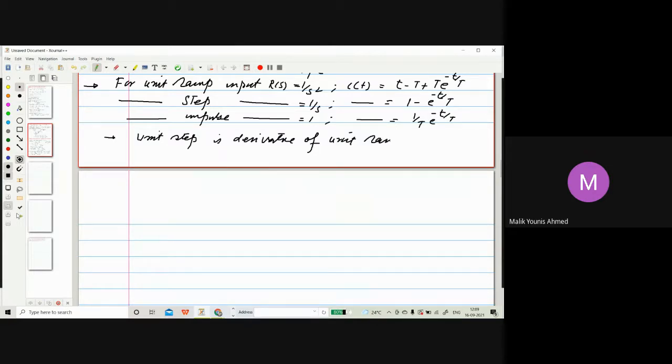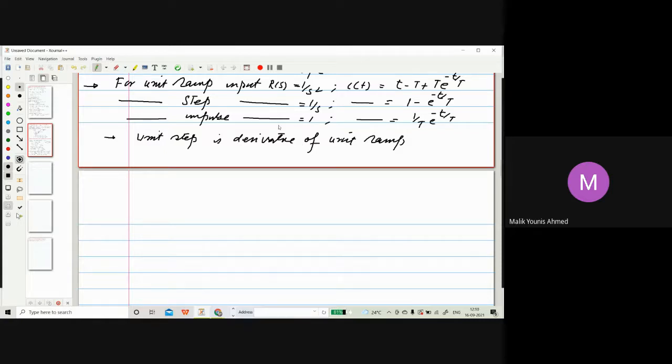You can very clearly see, if we take the unit ramp and take the derivative with respect to t, we get 1, minus a constant 0, plus T e raised to the power minus t by T into the derivative of this, that will be minus 1 by T. So it will become 1 minus e raised to the power minus t by T. It's very clear here. Okay, the unit step is this one.